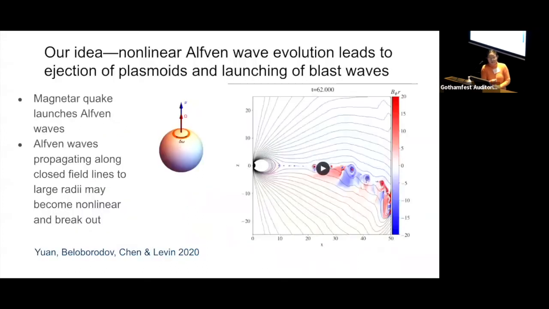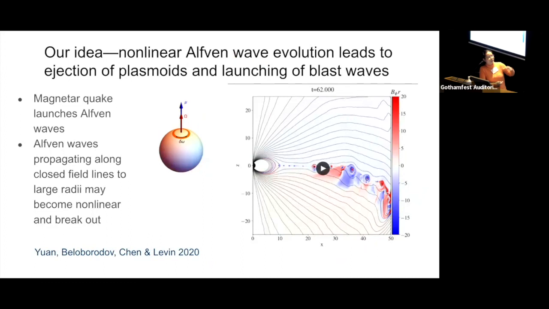So we have been thinking about a possible scenario to produce this kind of bursts. What we think is that this kind of magnetar burst is usually triggered by a star quake, where the disturbance on the stellar surface breaks the crust, maybe due to the internal evolution of the magnetic field.